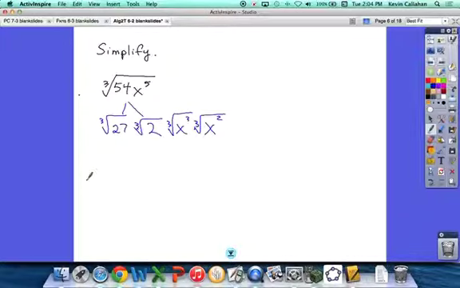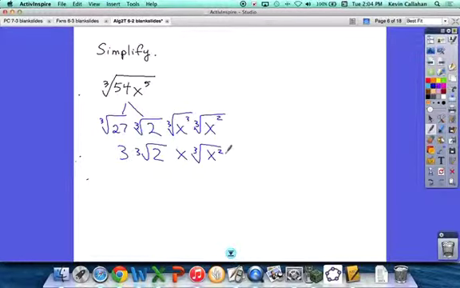Okay, the third root of 27 is 3. The third root of 2 can't be simplified. The third root of x to the third, x. The third root of x squared can't be simplified.